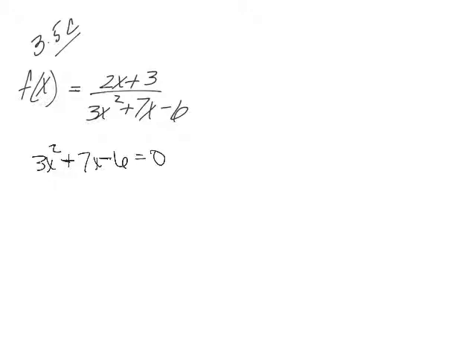Okay, so first of all, if you remember, we take the first term times the last term, and we get negative 18, and we're looking for two numbers. Multiplied together give me negative 18, added together give me 7. And in this case, it's going to be 9 and 2. 9 times 2 is 18, 9 minus 2 is 7. So let's go ahead and rewrite 7x as, probably help if I write the right numbers there.